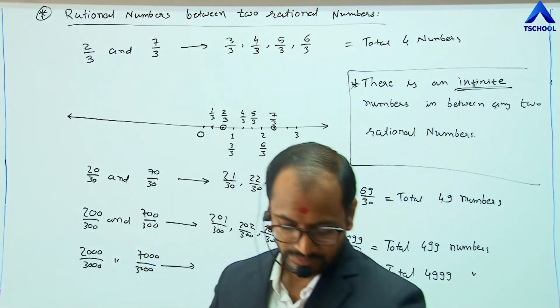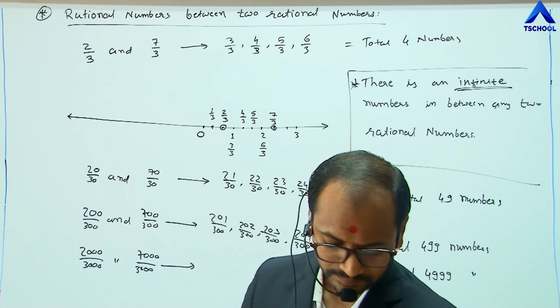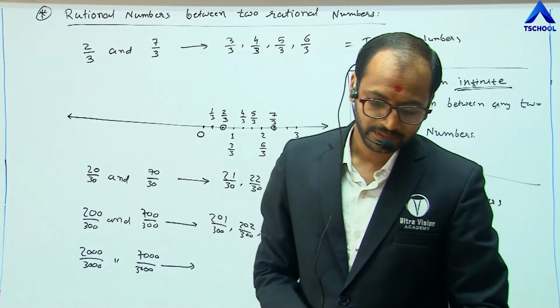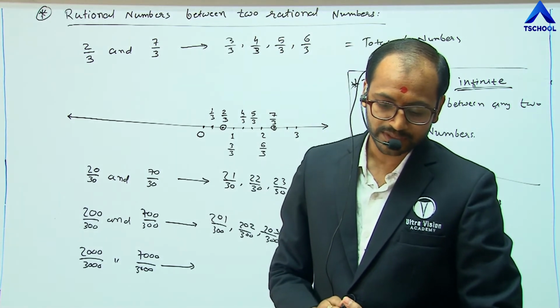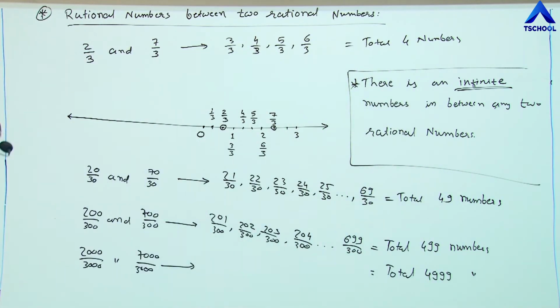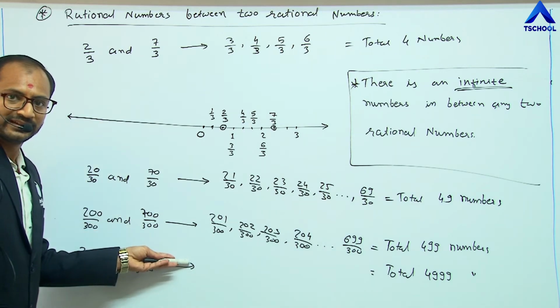Now let me solve some examples. First is: write any three rational numbers between -2 and 0. Example number 6. Do you understand this?